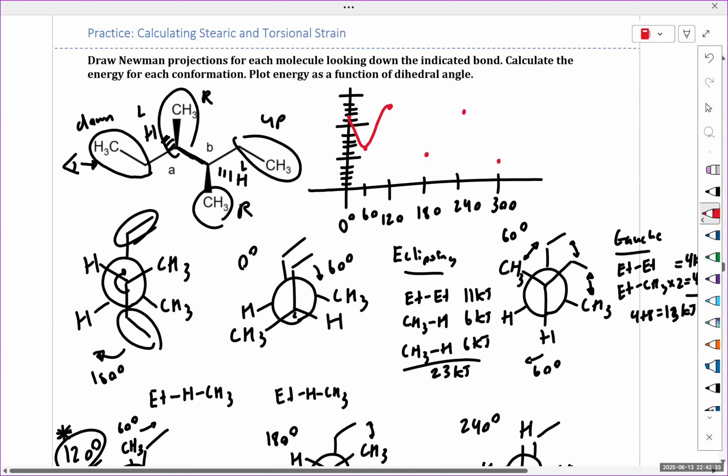We'll then connect the curves. One moment. Let me just redo that.